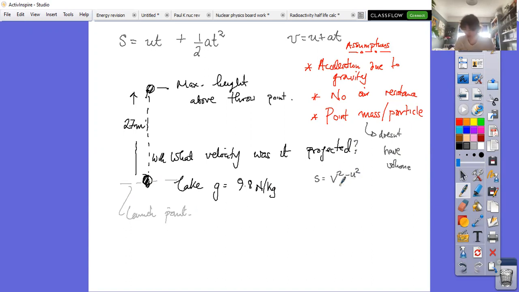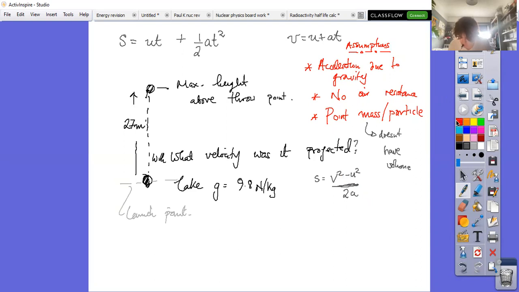Okay, good, so use that one then. Just take your time on the rearrangement, that one is sometimes easy to get wrong. So you're right here: v squared minus u squared over 2a is absolutely fine.